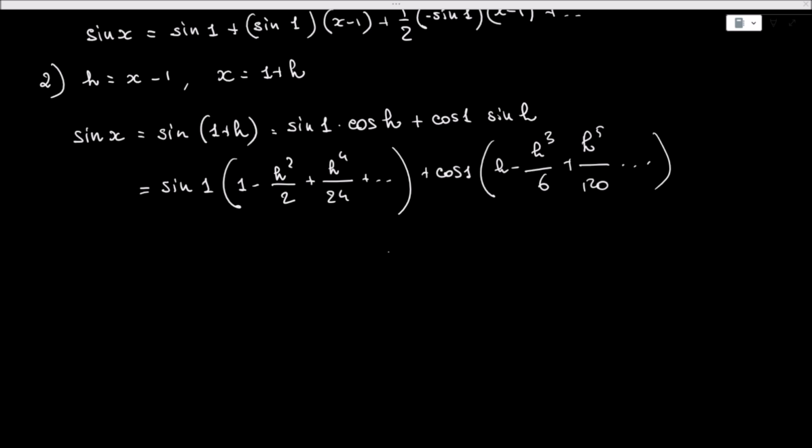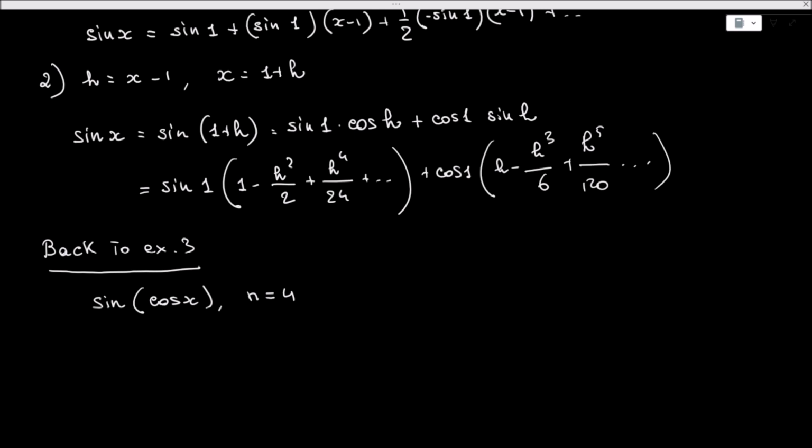And with this in mind, we can go back to example 3. Remember that in example 3, we said that we wanted to expand the sine of cosine of x up to the order n equal 4, okay?